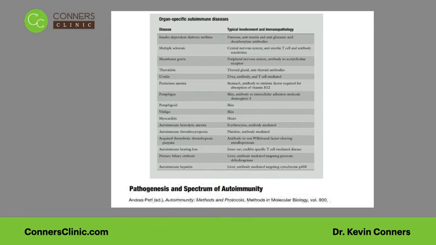Getting back to our talk here, there's organ-specific autoimmune diseases. Many of you have been diagnosed with that. Multiple sclerosis is an organ-specific autoimmune disease. Antibodies to myelin sheath cells, and now you got immune destruction of myelin sheath cells. Thyroiditis, Hashimoto's.